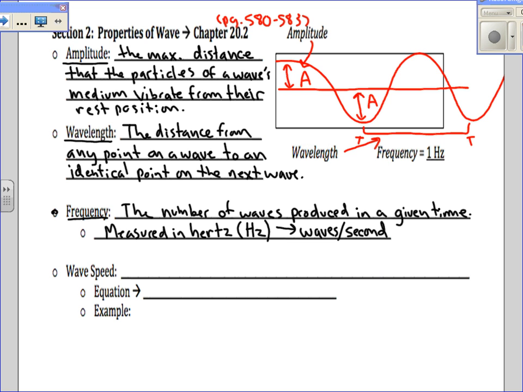Now, I'm going to point out an example of frequency. An example would be 10 waves in 10 seconds.